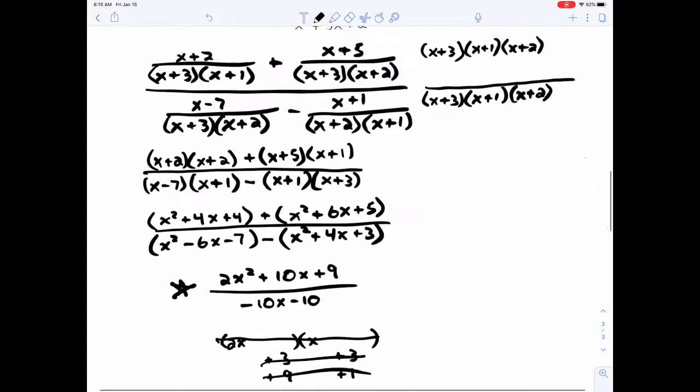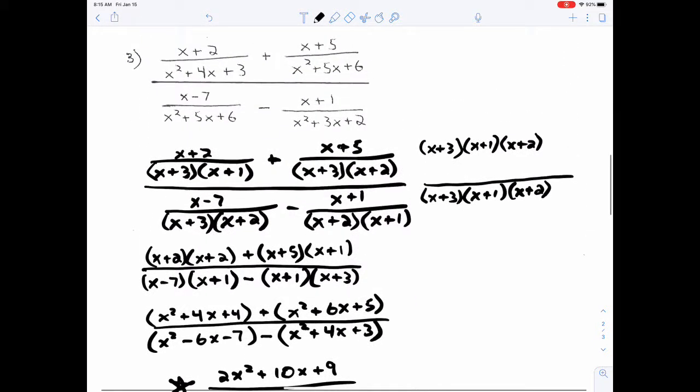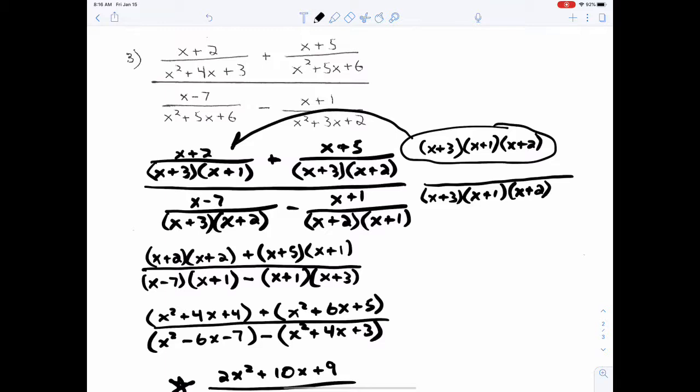Okay? Again, what I did is I found the common denominator, and then I took the denominator and distributed it to the first fraction, then to the second fraction. It's really going to the numerator, and then to this fraction.